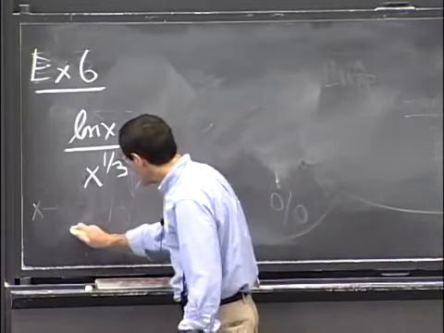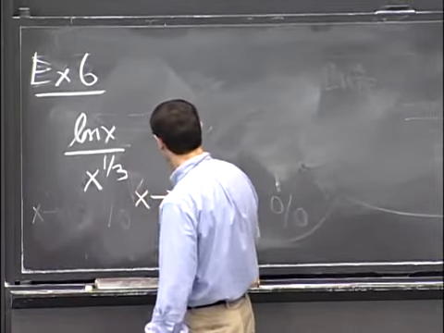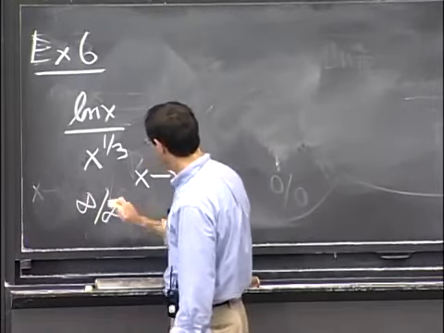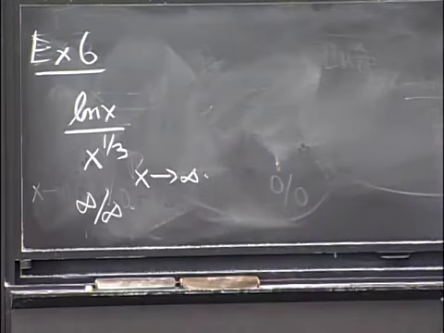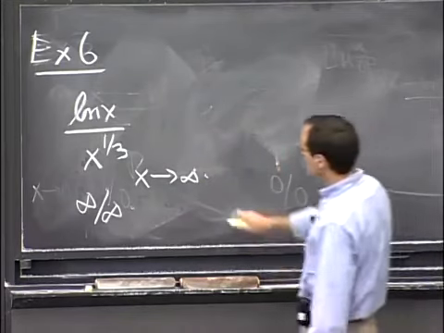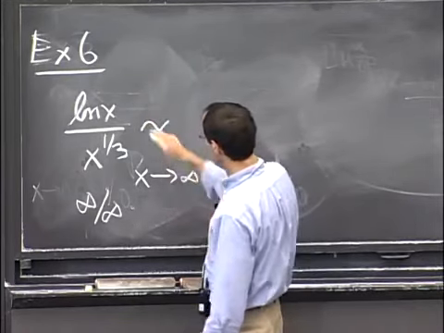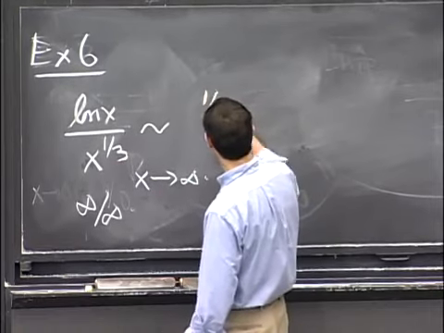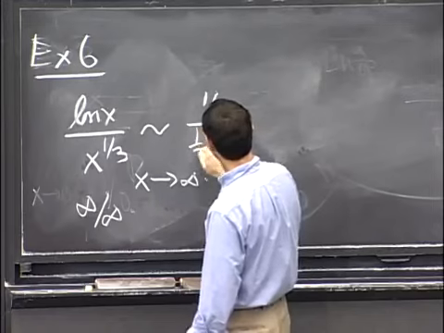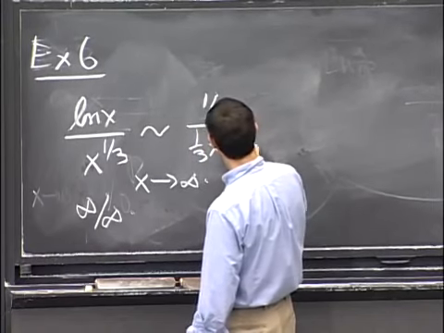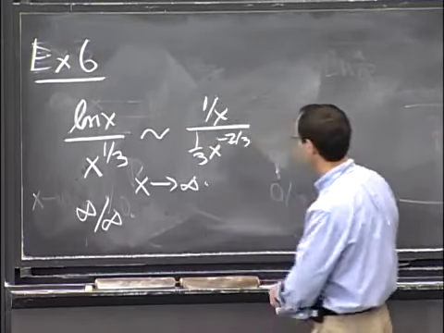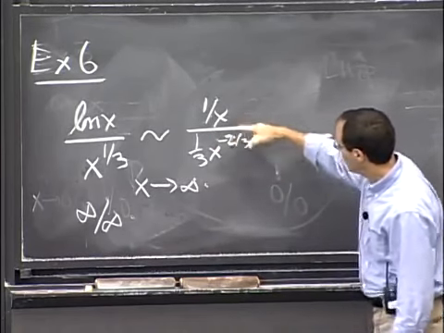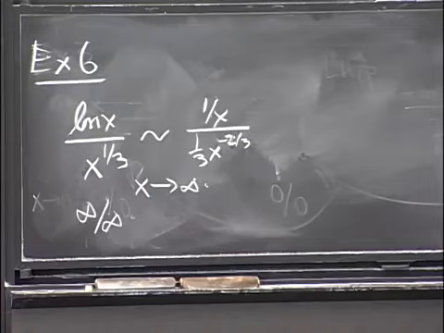So now this, as x goes to infinity, is of the form infinity divided by infinity. And so it's equivalent to what happens when I differentiate numerator and denominator separately, and that's 1 over x, and here I have a third x to the minus 2/3. All right? 1 over x, and then 1/3 x to the minus 2/3.